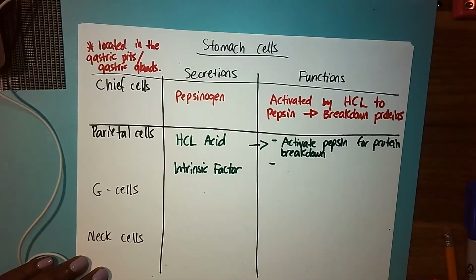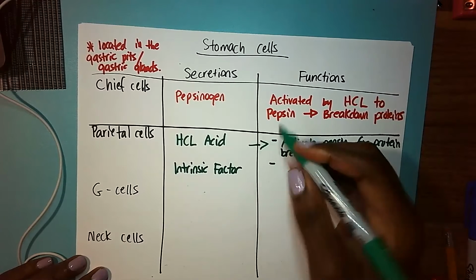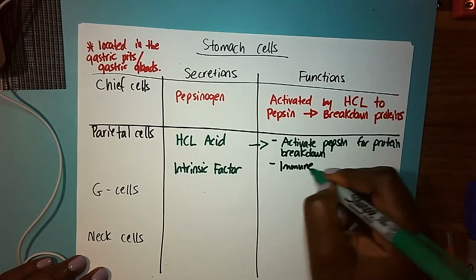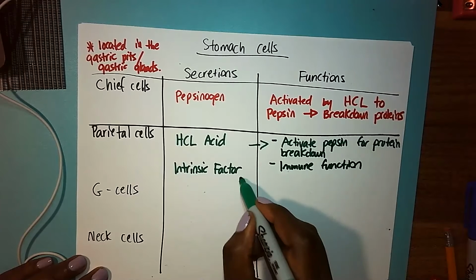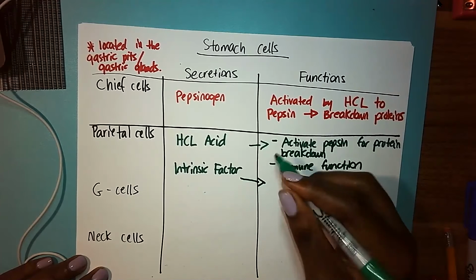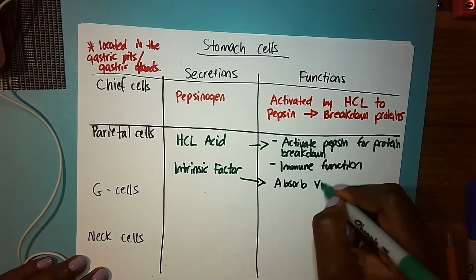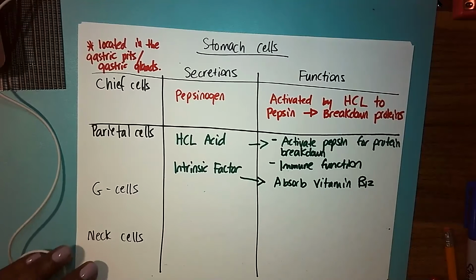And the other was as a part of the immune system, right? It's a defense mechanism against pathogens, bacteria, viruses, etc. That was the function of acid. Intrinsic factor was required to absorb vitamin B12.